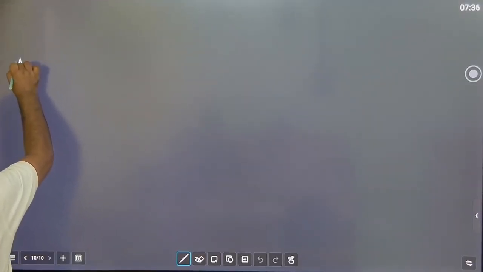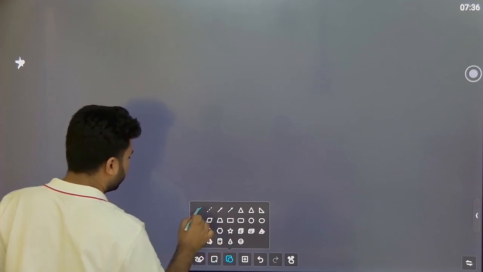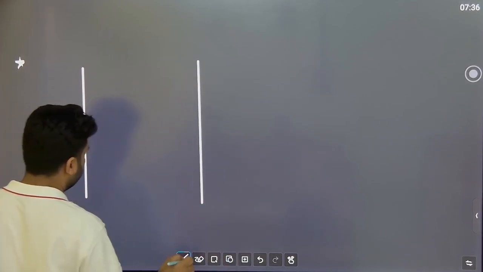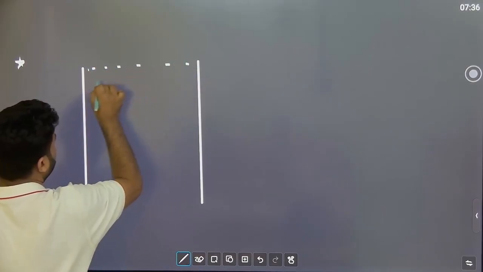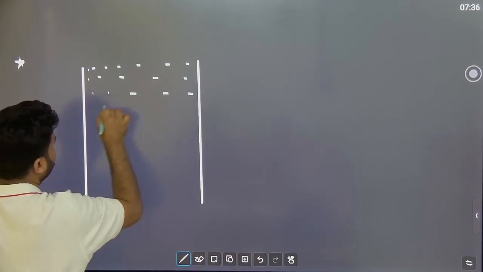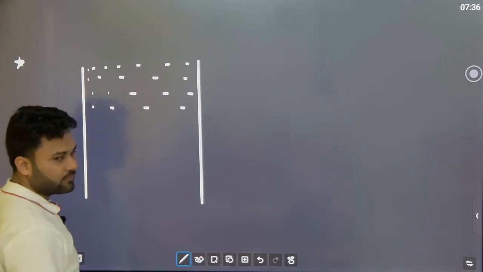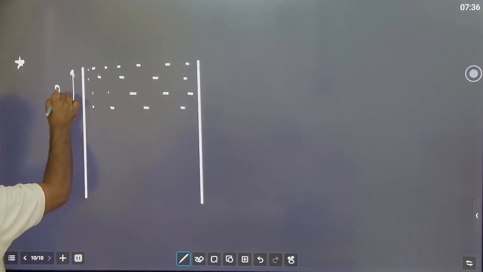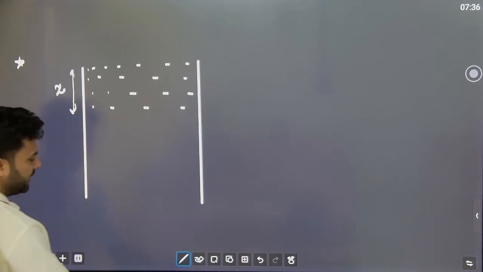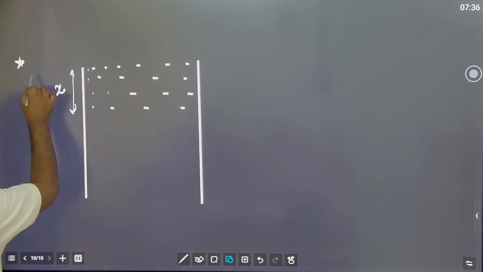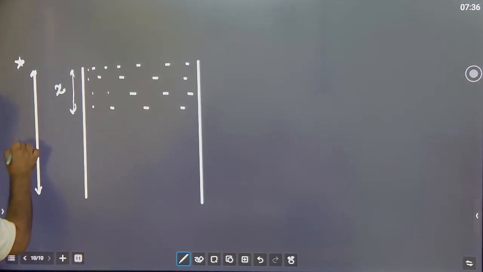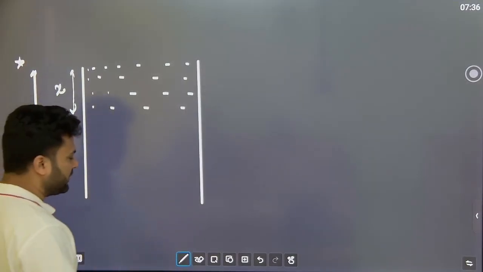Sometimes what they do, they give this scenario. They fill the dielectric like this. Some portion, some length x. They give the entire length of this plate L. They will give the width of the plate.